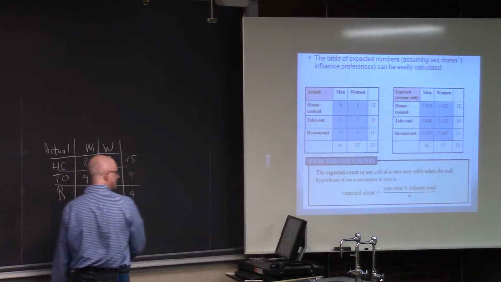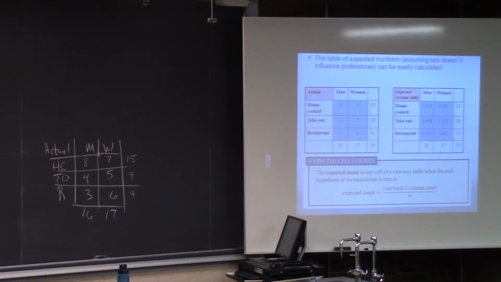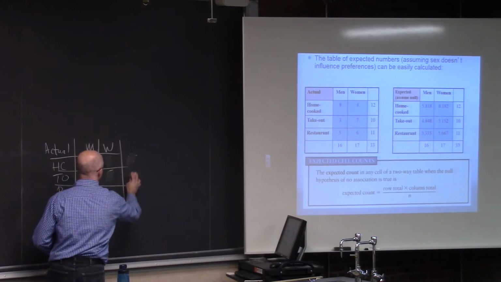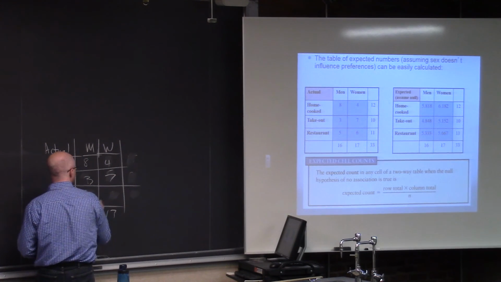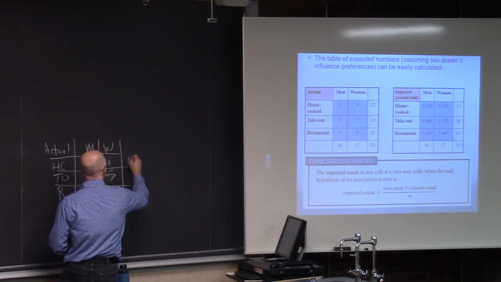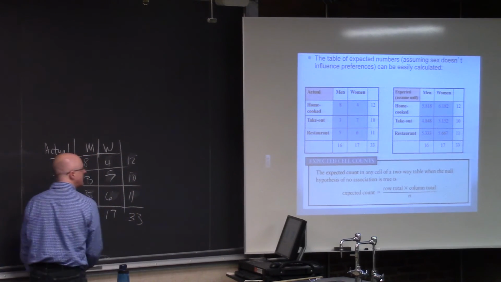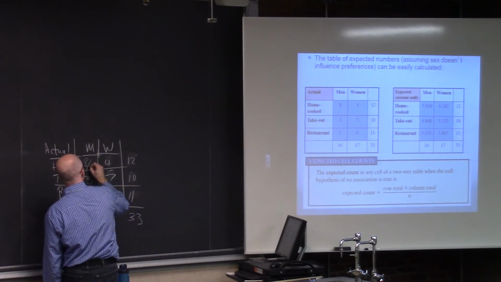Yeah, okay, I'm writing these wrong. Eight and 4, 3 and 7, 5 and 6, 12, 10, 11 over here, and the total number of people is 33. The expected counts, I'll just put them in the same table.